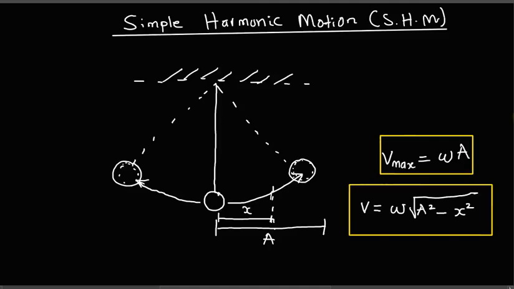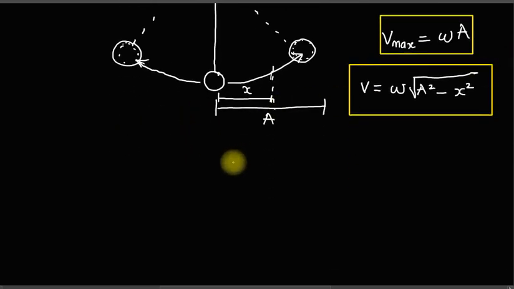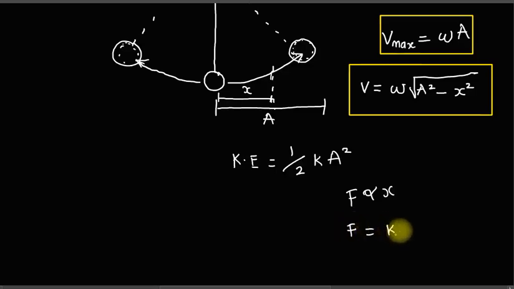And then we may be asked to calculate the energy of the simple harmonic motion. We just use our normal formula for energy, which is 1 over 2 k a squared. Now k is a constant of proportionality, where F is directly proportional to x, then F is going to be equal to kx.